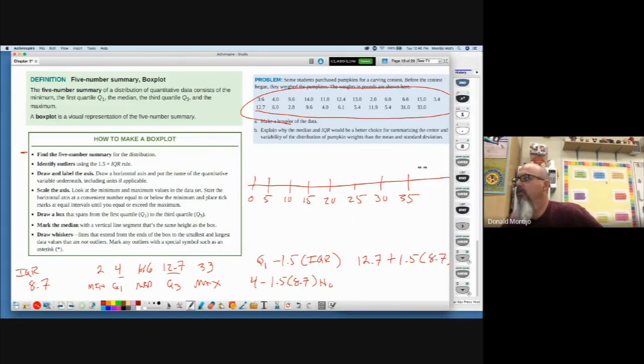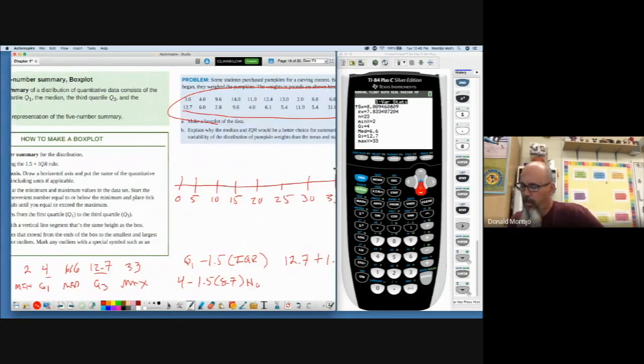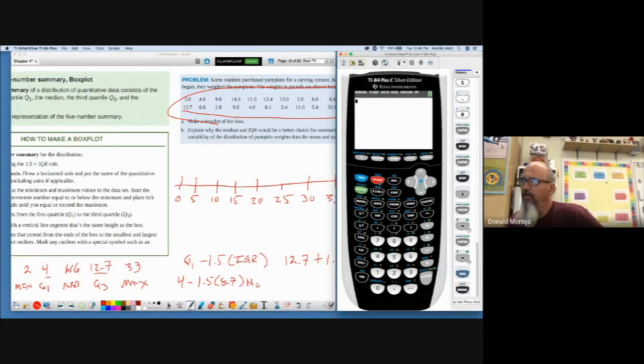So let's do the quick calculation here. I'm going to go back to my main screen and try to figure this out. So it's 1.5 times 8.7. Now I need to do 12.7 plus that number.